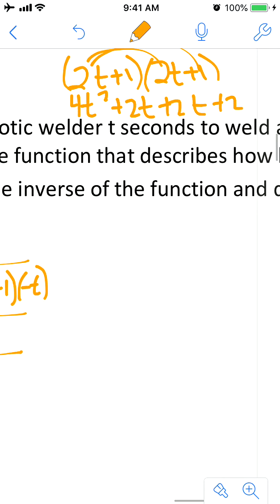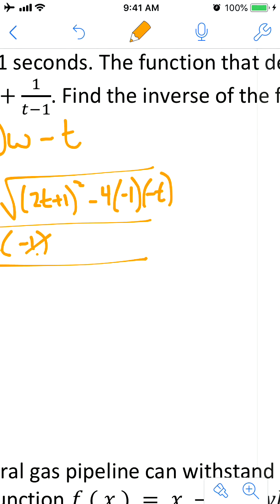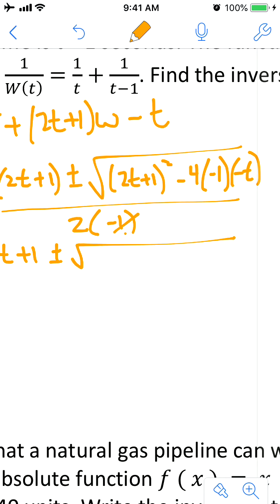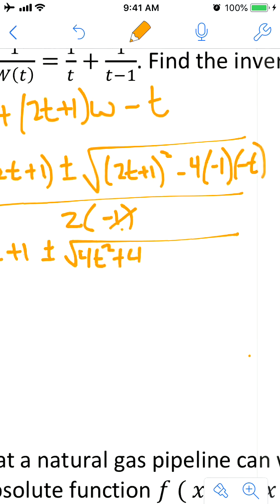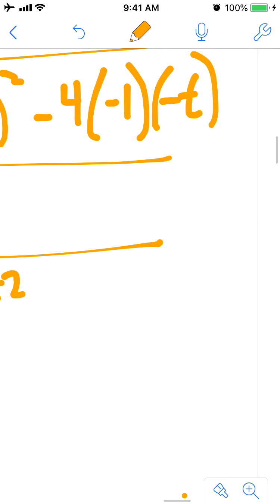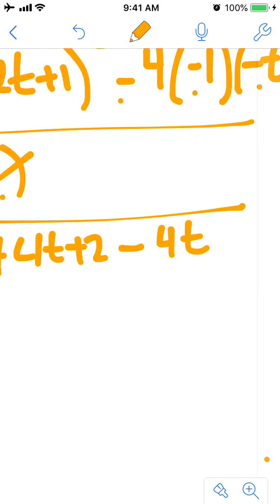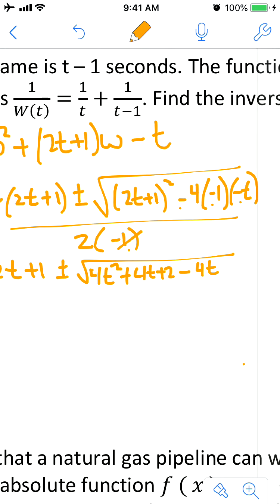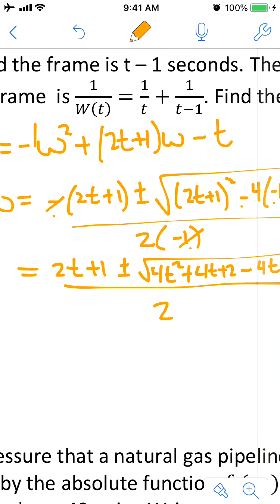Okay, so 4t squared plus 4t plus 1, and then this would be negative, negative, minus 4t, all over 2, right? Because we got rid of the negative with the negative on the top.